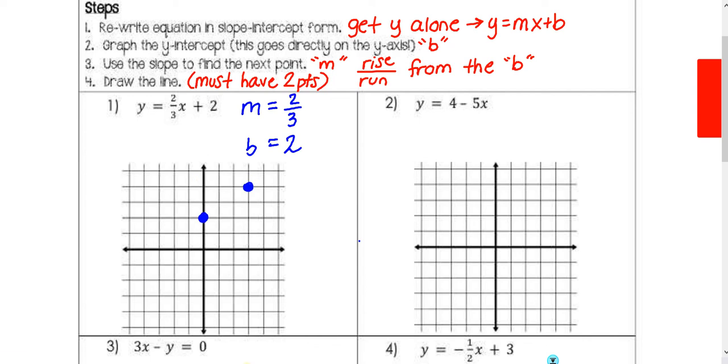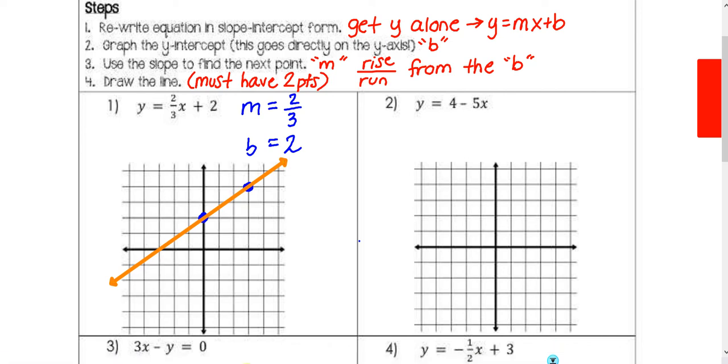Now, using a ruler, I know you're at home, you can find a straight edge somewhere, I'm sure, if you don't have a ruler. Using a ruler, please connect your points. And there you have it, friends. You've graphed using slope-intercept form.